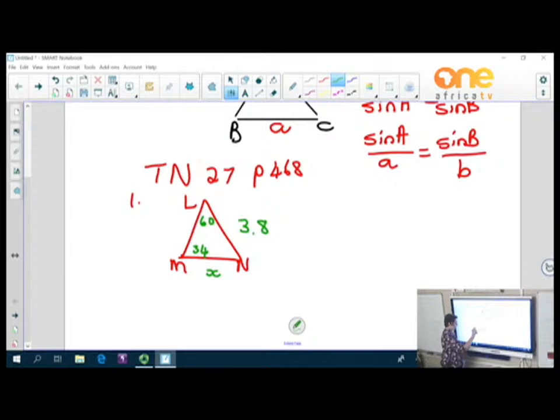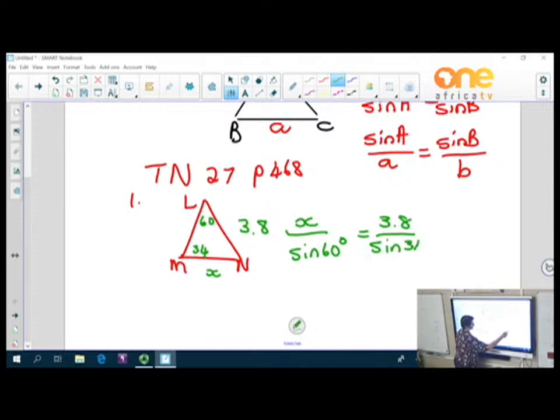If you look here, you can see I've got a side and an opposite angle, and the same thing here, a side and its opposite angle. And that's when we're going to use the sine rule. So I'm going to put the one that I want to calculate in the left-hand top. So this is x over sine 60 degrees, which is equal to 3.8 over sine 34 degrees.